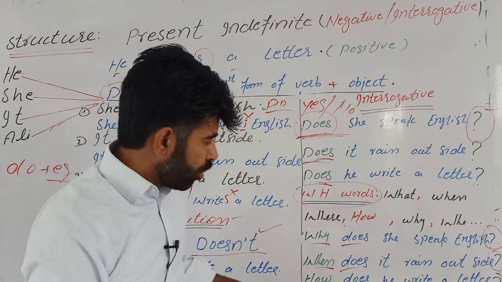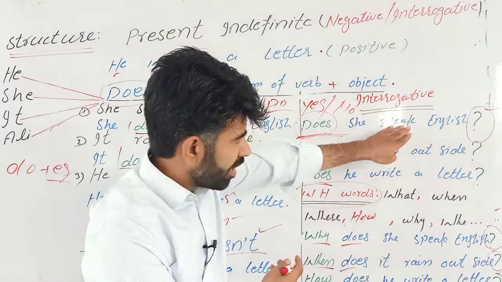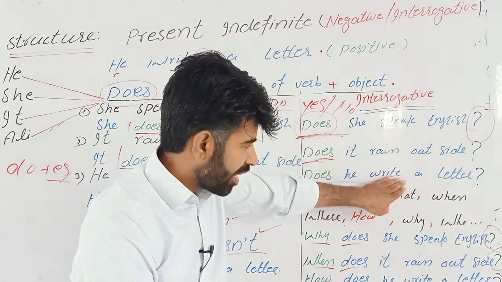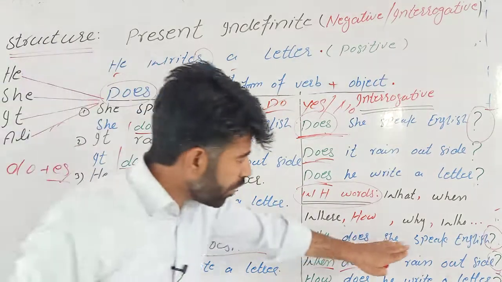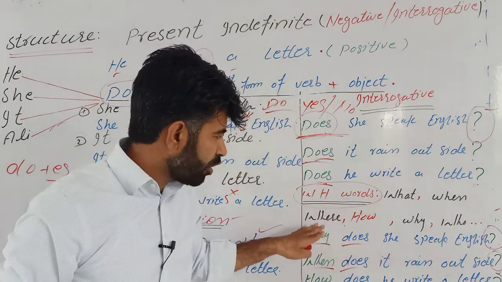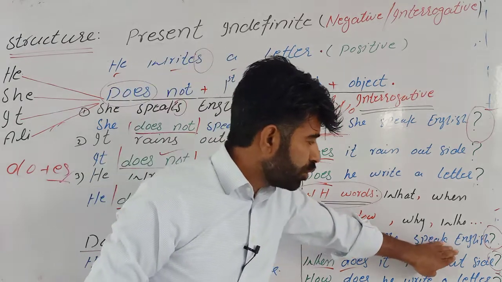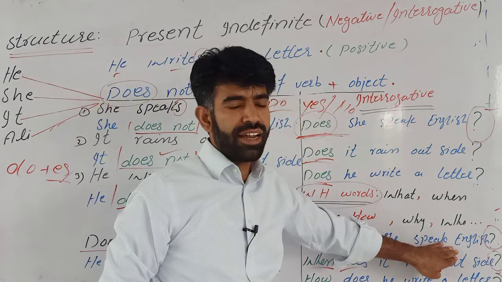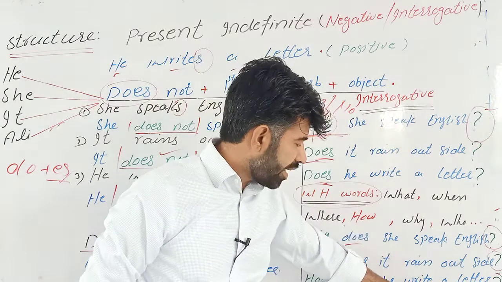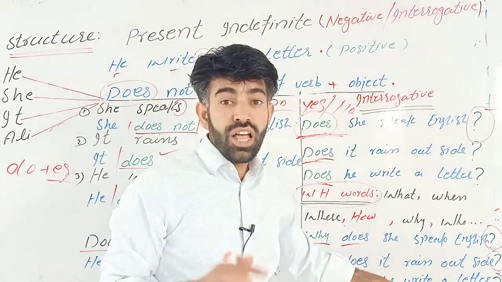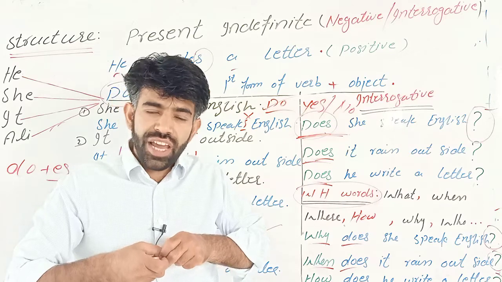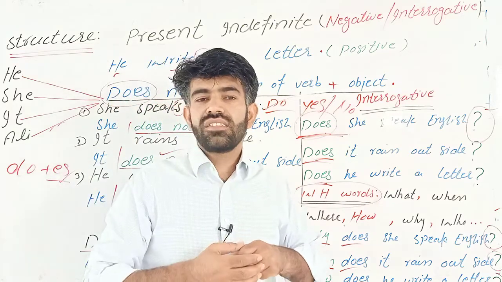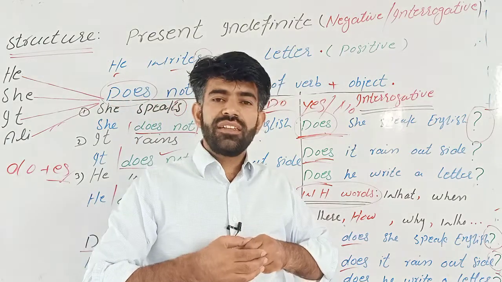And once again, we did not add s here, we did not add s here, we did not add s here. In the same way, if you are making questions with WH words, you do not need to add s at the end of the main verb. The only type of sentence where we add s is the positive sentence of present indefinite tense.